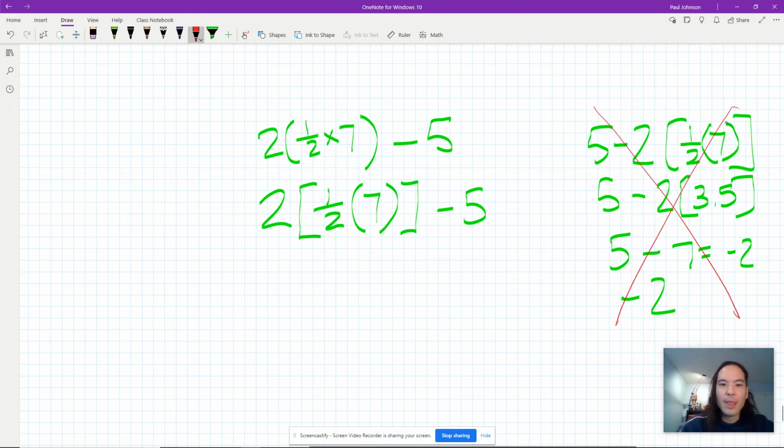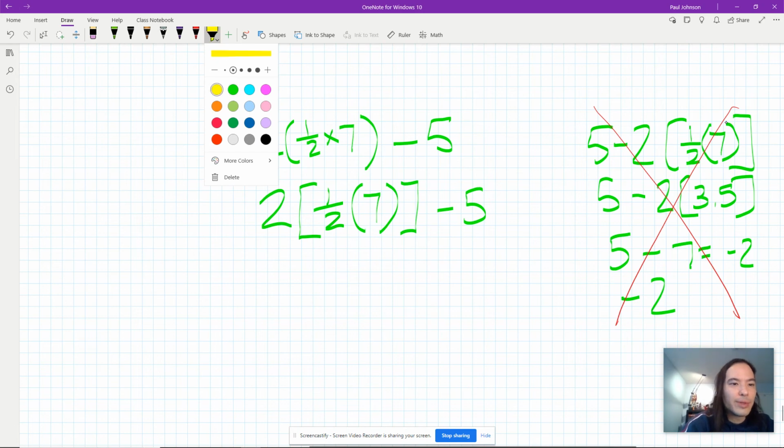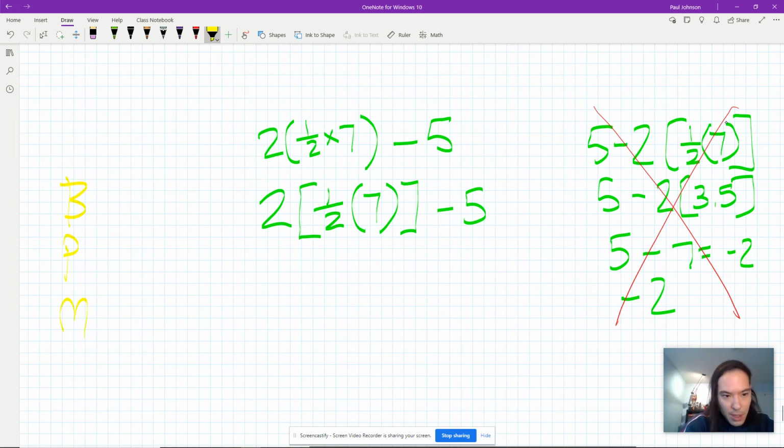All right. This one, if we're solving it, let's go ahead and solve it down. First off, let's just use BPMA through this whole thing. So bracket, parentheses, multiplication, division, addition, subtraction. So we have brackets and parentheses in here. So we have to do the part that's inside the brackets first.